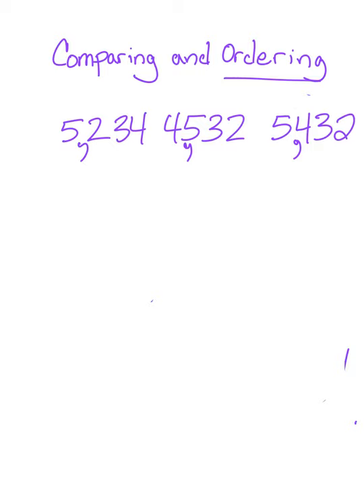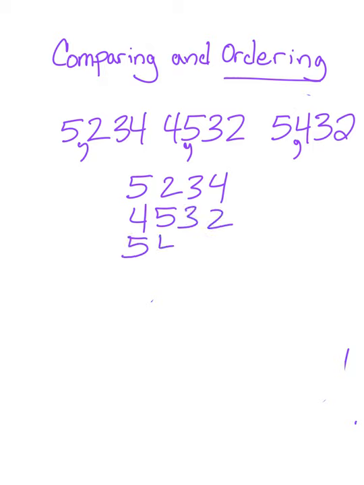I'm going to use the same stacking strategy, and this time I want to go from the least to the greatest. Least to the greatest. So let me stack them over top of each other. 5,234. 4,532. 5,432.